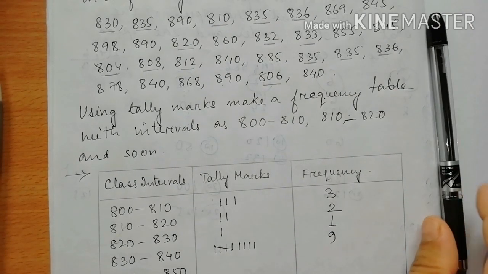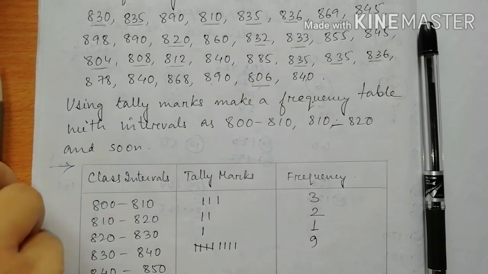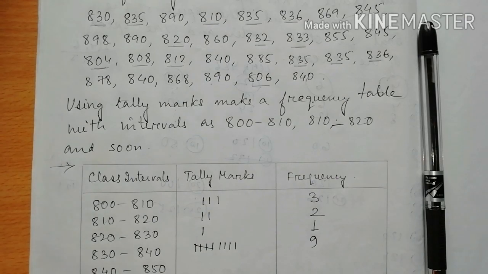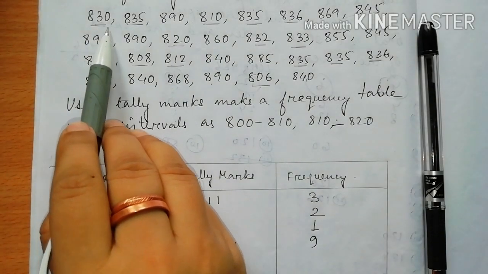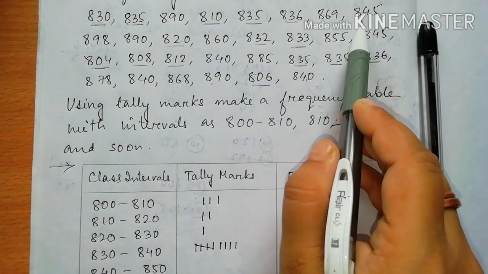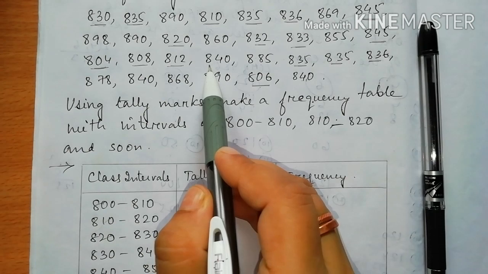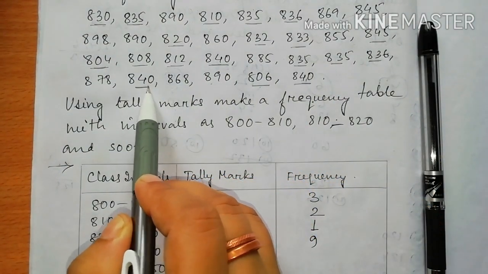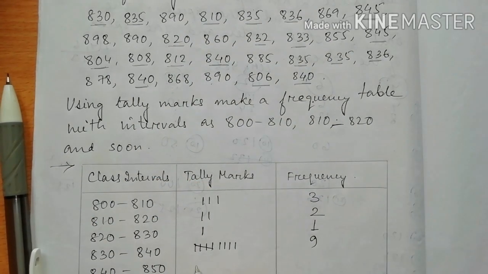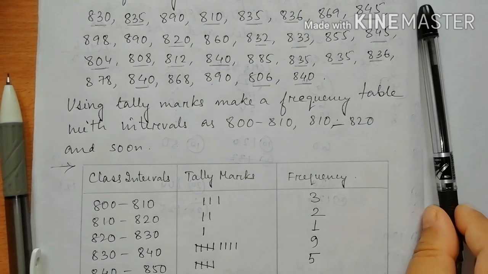Next we'll find out the numbers from 840 to 849. Tens digit 4. So again 1, 2, 3, 4, 5. 5 is the frequency.